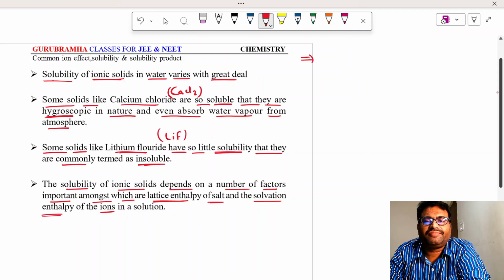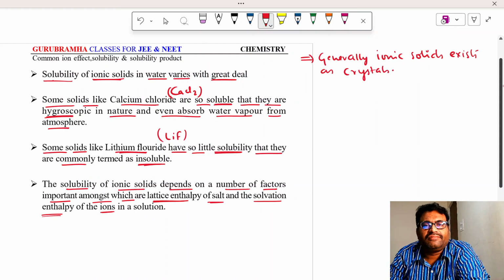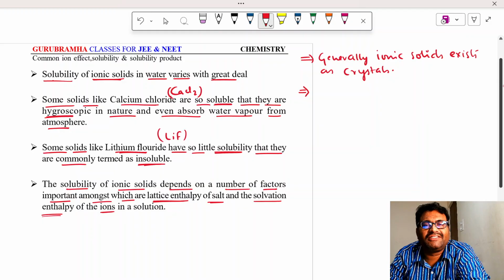Generally, ionic solids exist as crystals, in crystalline form. Crystalline form means there is a proper arrangement of ions in the solid.